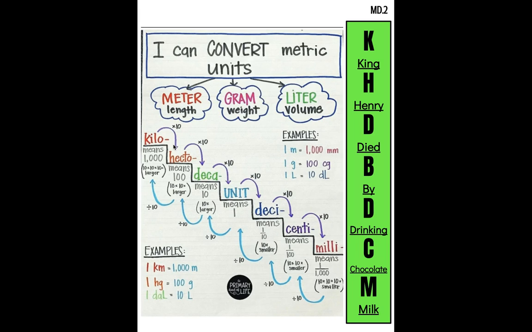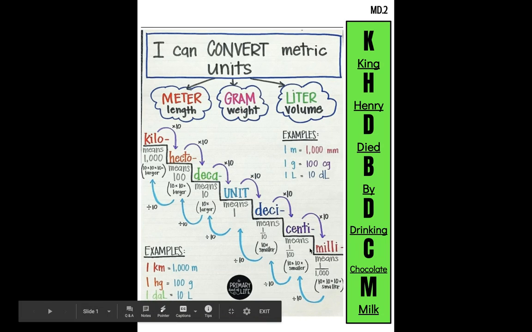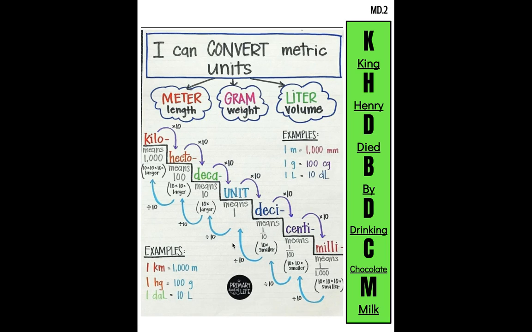So times 10 gives me 10 hectograms. Times 10 gives me 100 decagrams. Times 10 gives me 1,000 grams. Okay, so when you are going this way, you're multiplying by 10. When you're going the opposite way, you're dividing by 10.